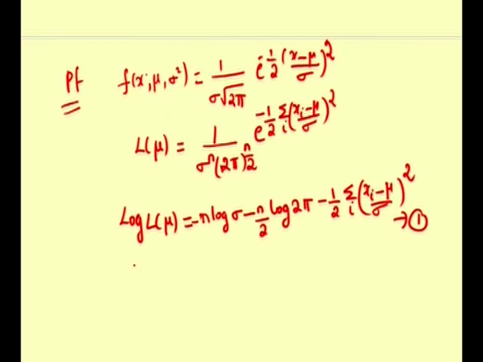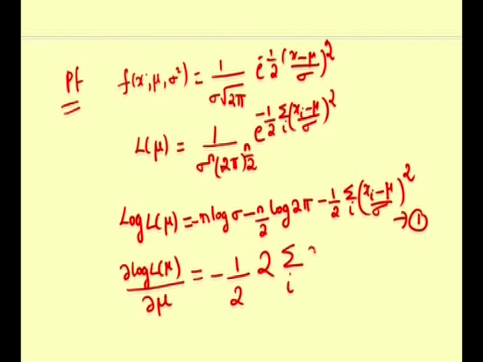Now the next step is that you differentiate this equation partially with respect to mu. So it becomes dou log of L of mu by dou mu. When you differentiate with respect to mu, this is a function which is independent of mu, so this term becomes 0. Again this is a constant, becomes 0. On differentiating, this will become minus 1 by 2 into summation over i of xi minus mu by sigma squared.